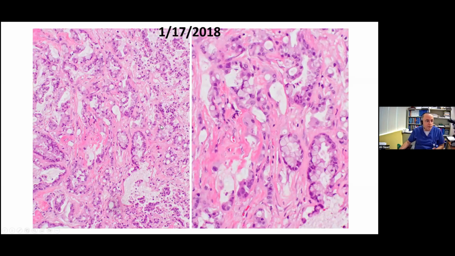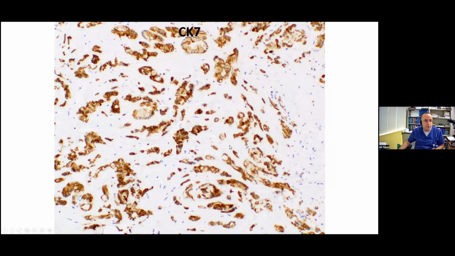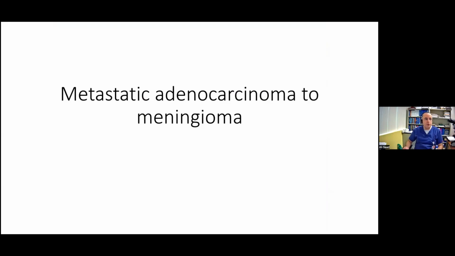And this is higher magnification of the mucinous component that is metastatic into the meningioma. So similar to the spinal tumor, it is adenocarcinoma, and here it is obviously mucinous. And by immunostain, the tumor cells are positive for CK7, which is a keratin that is very helpful in identifying adenocarcinoma of lung primary. So this is a metastatic adenocarcinoma to meningioma.